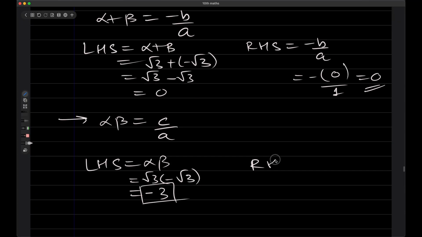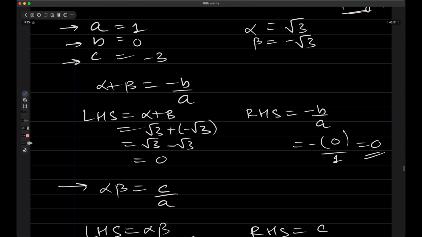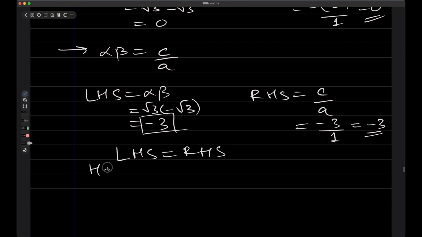We have right hand side, that is equals to c divided by a, that is c is minus 3, a is 1, we will get minus 3. We have LHS equals to RHS, hence verified. Hence verified the relationship between zeros and coefficient of polynomial.